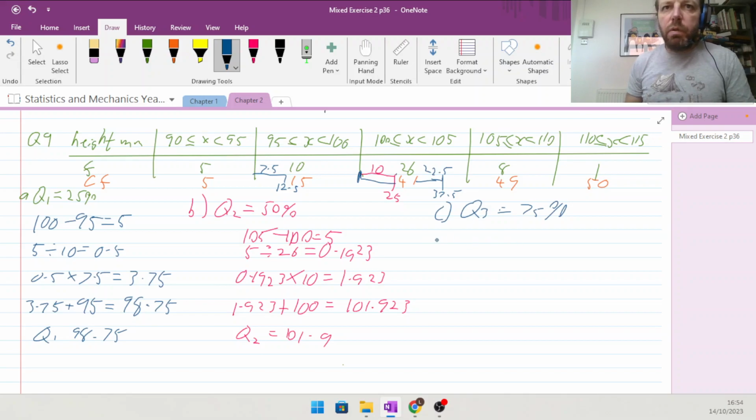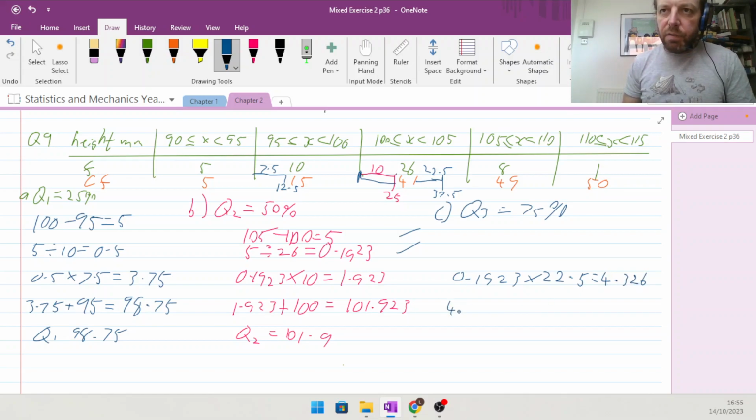We already know that it's a range of 5, and the spacing is 0.19. So we take 0.1923, which is 5 divided by 26 so I've got the full decimal, and multiply it by 22.5, which is 4.326.